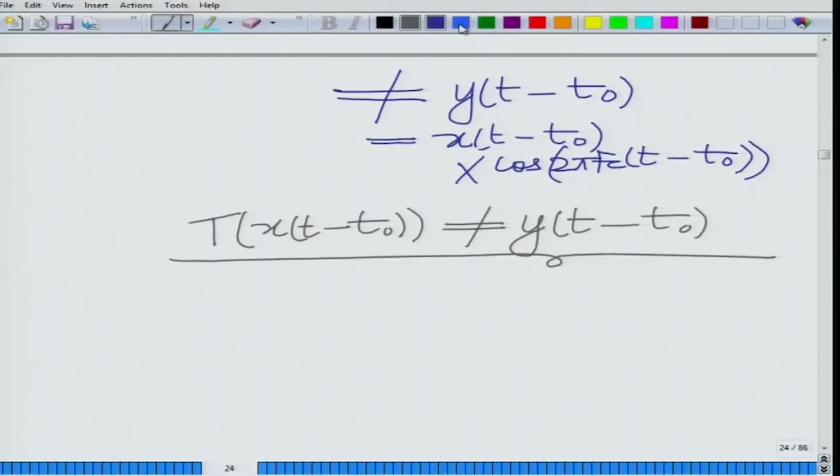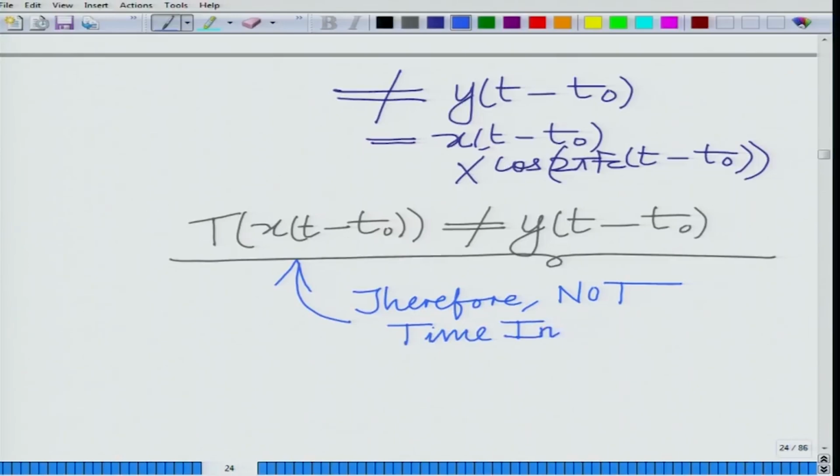Therefore, the system is not time invariant. That is an important observation. Hence it is not an LTI system, because a system is LTI only if it is both linear and time invariant. The system is linear but not time invariant, hence it is not an LTI system.